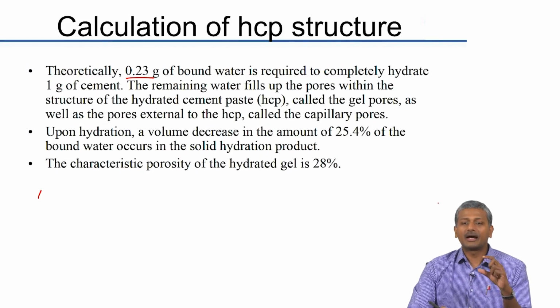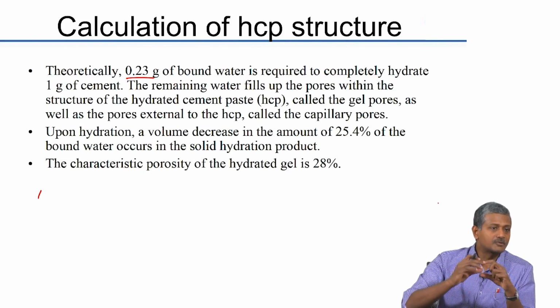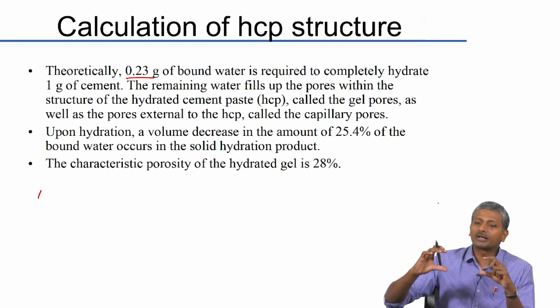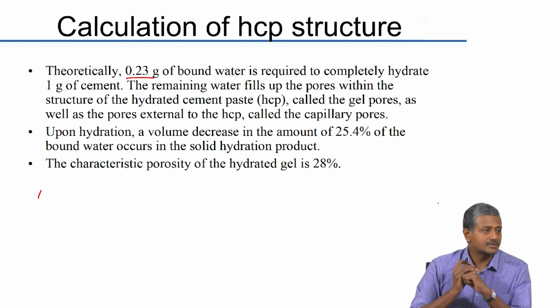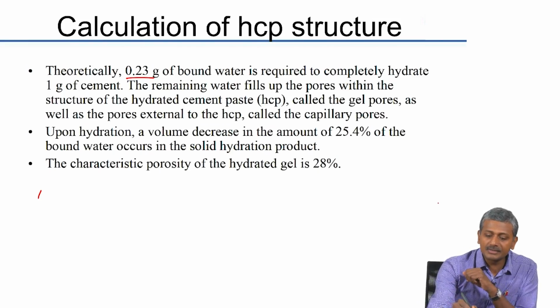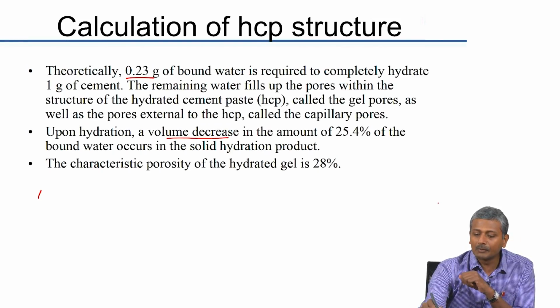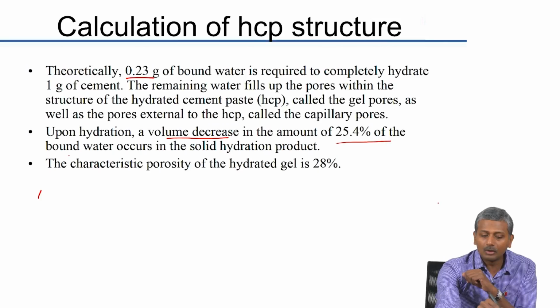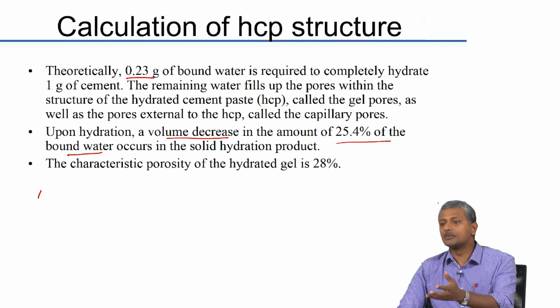When cement hydrates, when cement reacts with water, the resultant product that forms has a lower volume as opposed to that of the reactants. Okay. And this decrease, volume decrease, is equal to 25.4% of the bound water content. So let us assume a cement which is 100% hydrating.